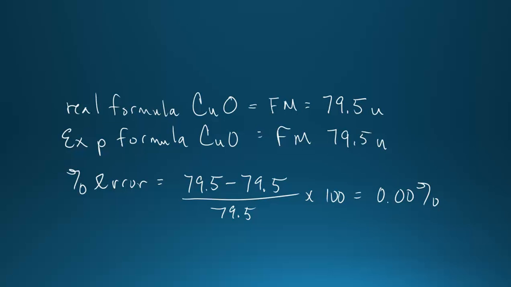So, the real formula is CuO, with the formula mass of 79.5. The experimental formula is CuO. That's what the handsome chemistry teacher got. CuO. And its formula mass is 79.5. So true minus observed divided by true times 100.